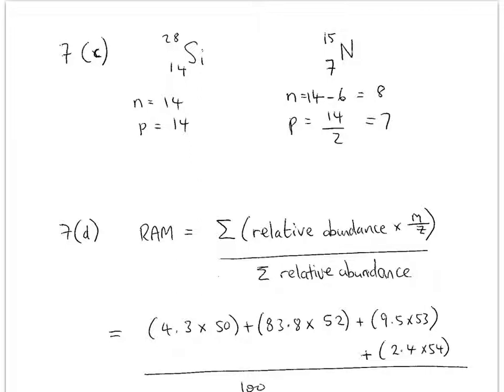The other element has 6 fewer neutrons, so 14 take 6 equals 8. It has half as many protons, so 14 divided by 2 gives us 7. 7 plus 8 gives us 15 for the mass number and 7 for the proton number.